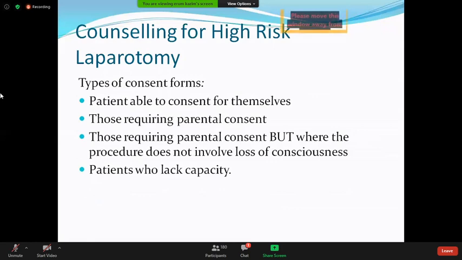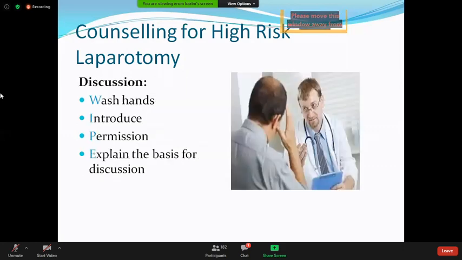So there are types of consent forms: for patients able to consent for themselves, then there are the patients who require parental consent. Some require parental consent where the procedure doesn't involve loss of consciousness, and patients who lack capacity.